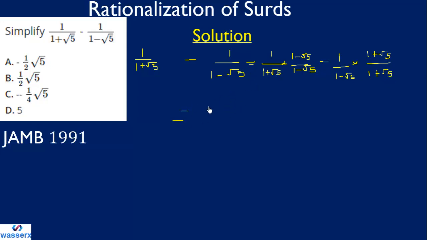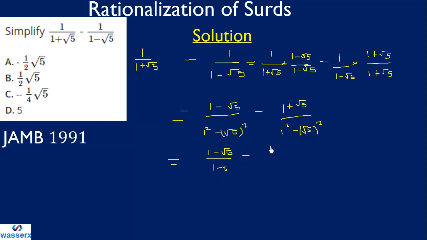So this simplifies to 1 minus root 5 all over 1 squared minus root 5 squared. So we have this one minus 1 plus root 5 all over 1 squared minus root 5 squared. So we simplify further to obtain 1 minus root 5 all over 1 minus 5, minus 1 plus root 5 all over 1 minus 5.